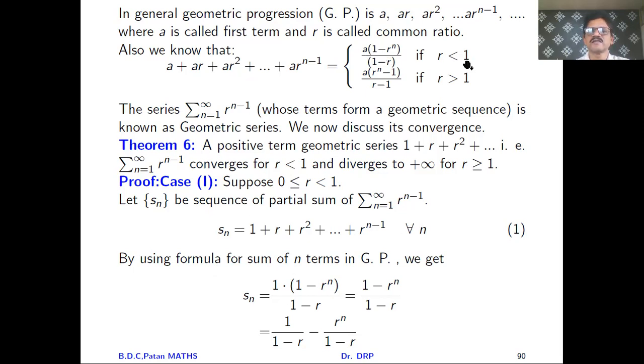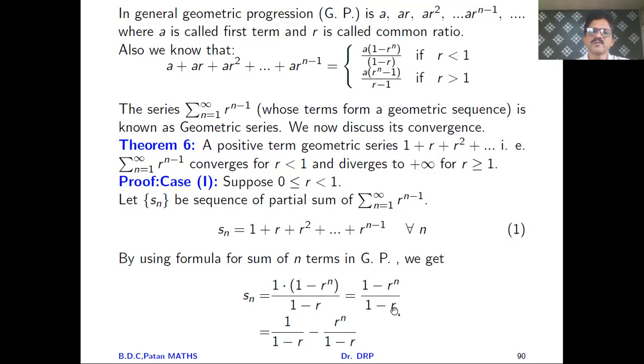By using the first formula, because r is less than 1, we get the sum of n terms in GP, that is in geometric progression: Sn equals first term 1 into 1 minus common ratio r raised to n divided by 1 minus r. This can be written as 1 minus r raised to n divided by 1 minus r.